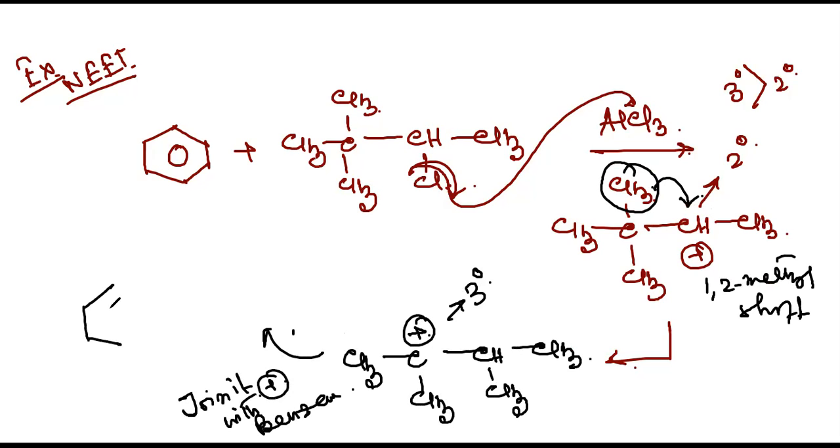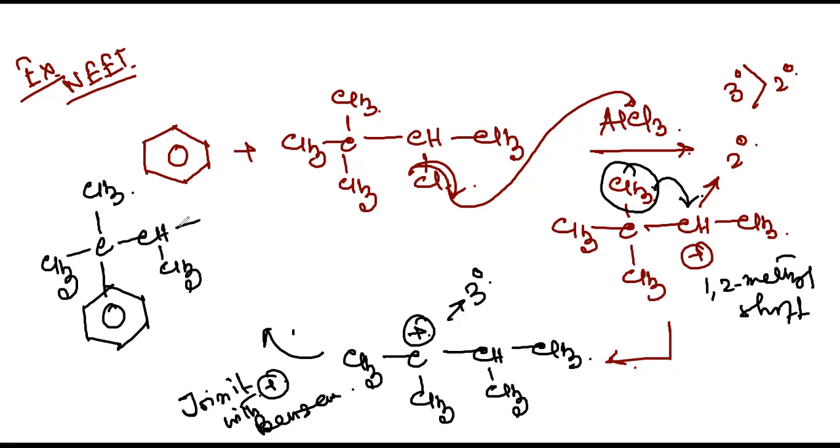So what will be the structure here? C, CH3, CH3, CH, CH3, CH3 is the major product and the stable product, and is the major quantity. So you should always see just the stability of the carbocation. Rest of the things you can forget here.